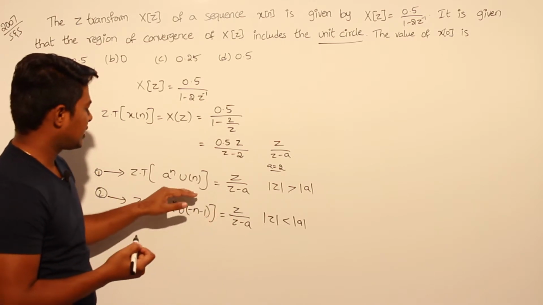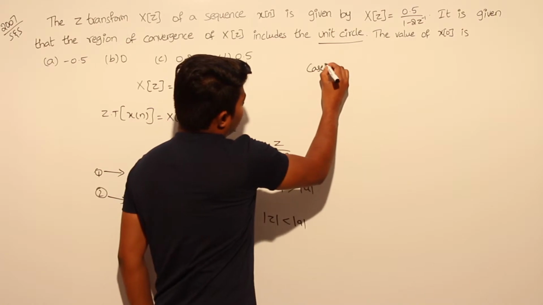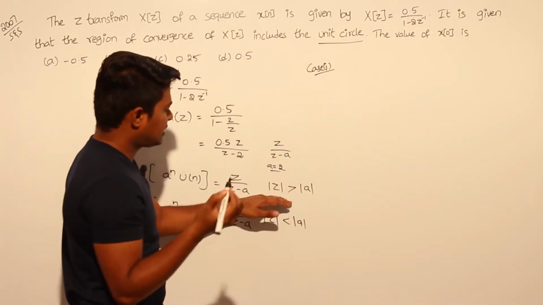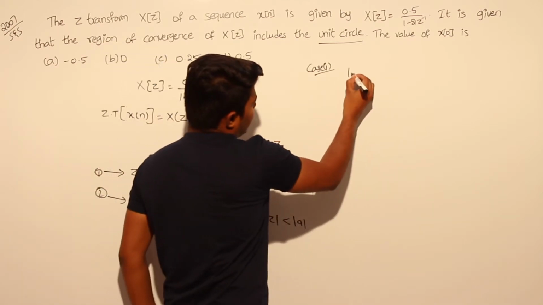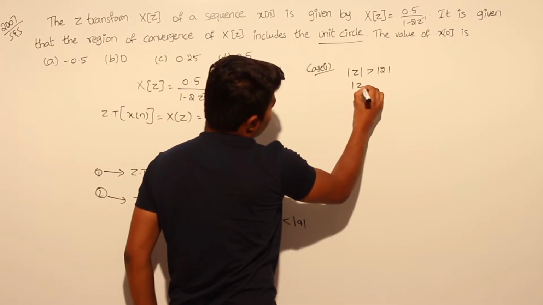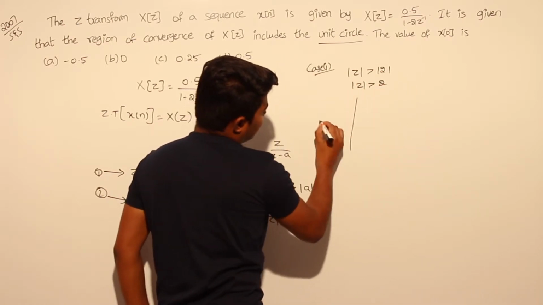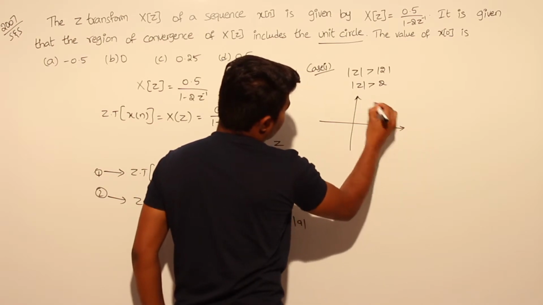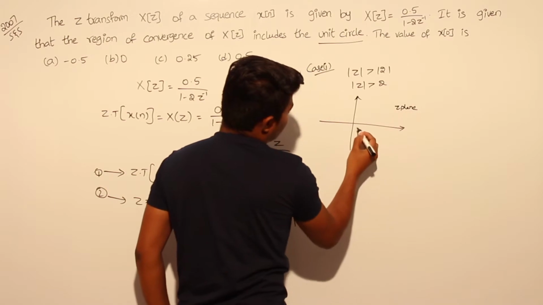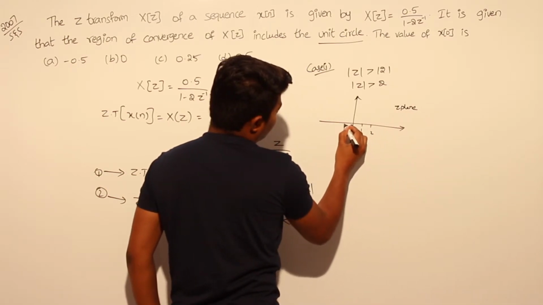So among these two, the one which includes the unit circle in the ROC will be the required answer. Let us check case 1 and case 2 separately. Now this is case 1. Take |z| > |a|, that is |z| > 2. Now draw the ROC for this. This is the z plane. Let us assume this is 1, this is 2, and 0.